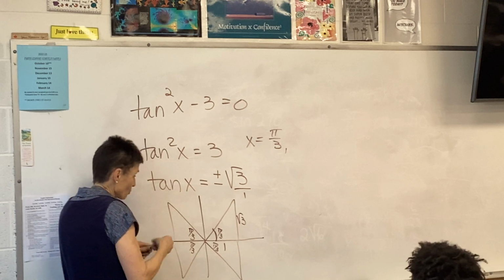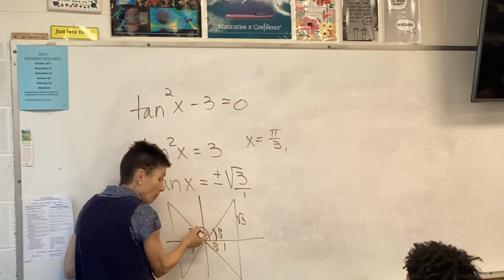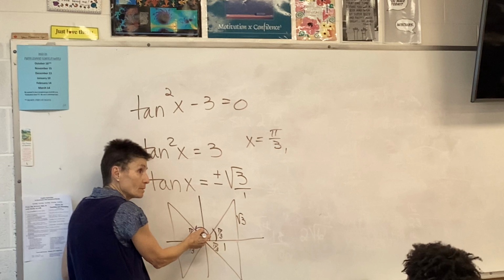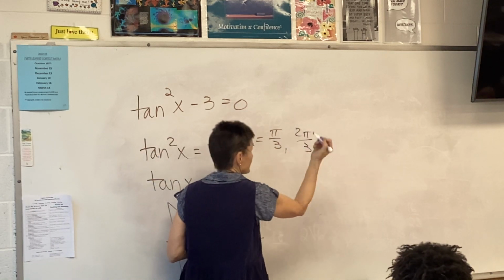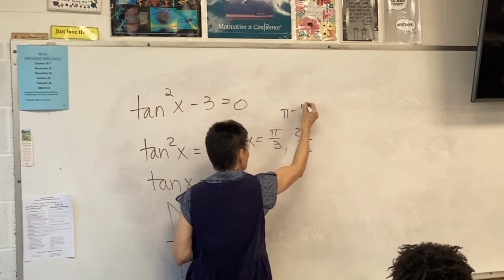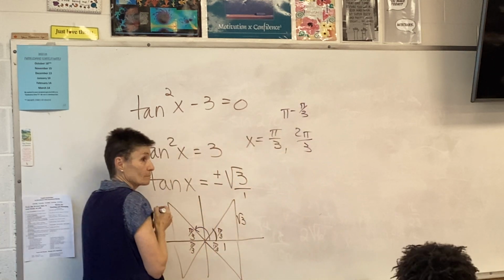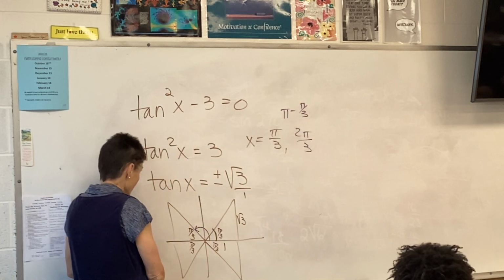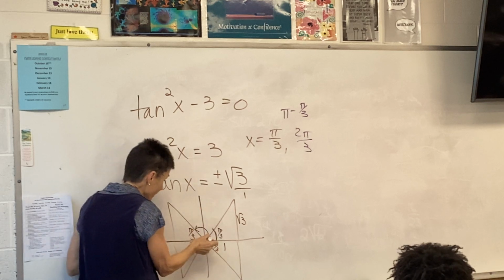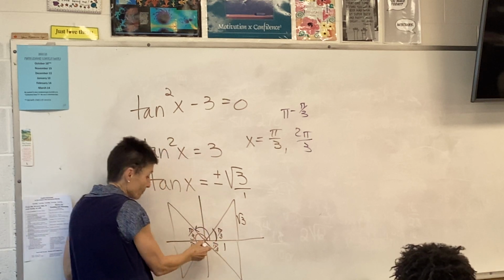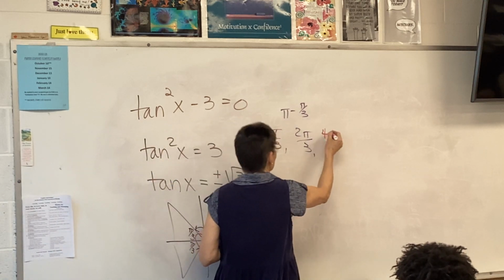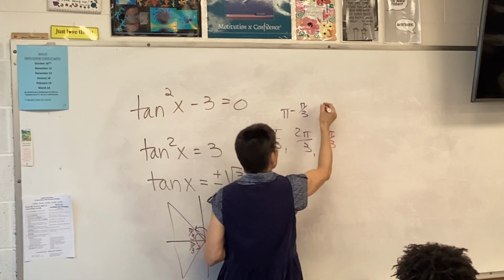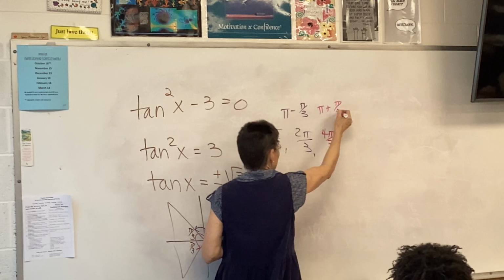Now the next one is going to be this purple one. 2 pi over 3, which is, as Chris said, pi minus pi over 3. Then I got the pink one, 4 pi over 3, or pi plus pi over 3.